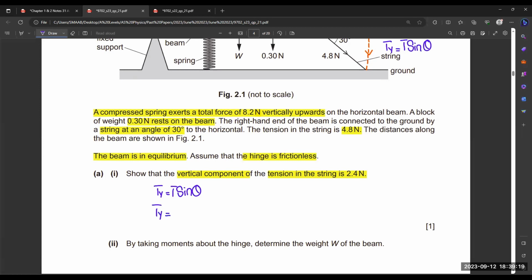So basically the tension is 4.8, the angle is 30. So your final answer will be equal to 2.4 Newton. Okay.